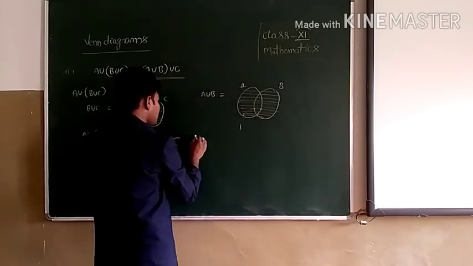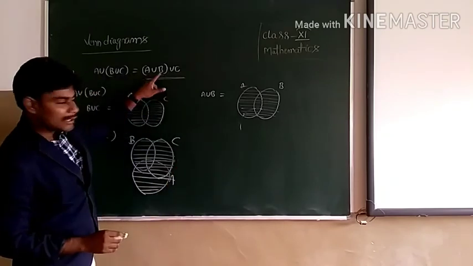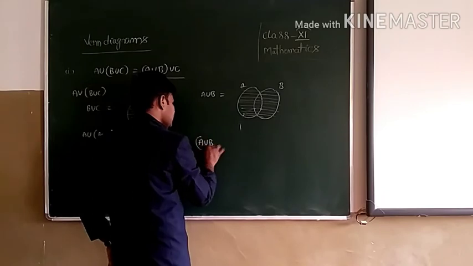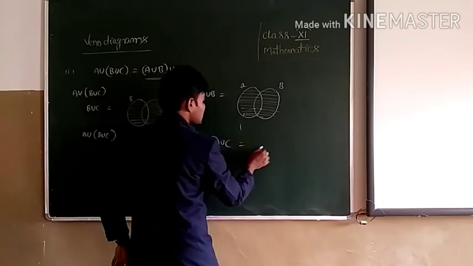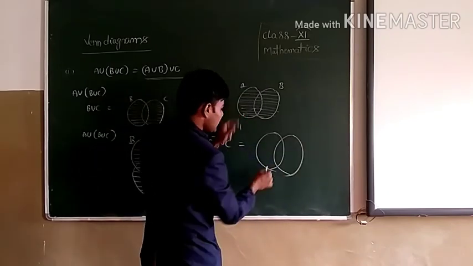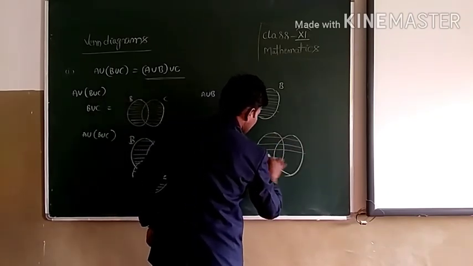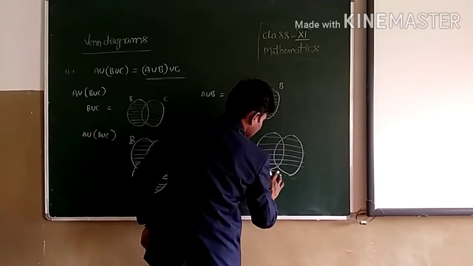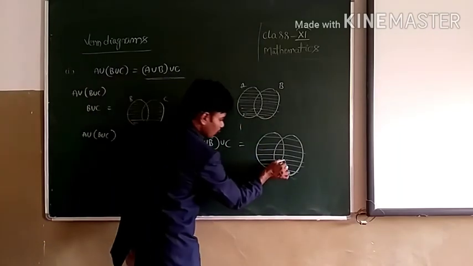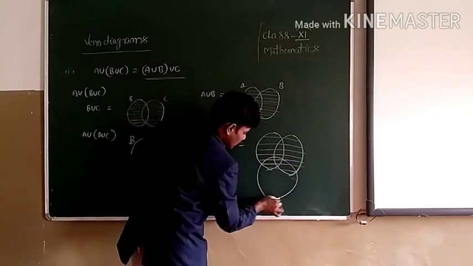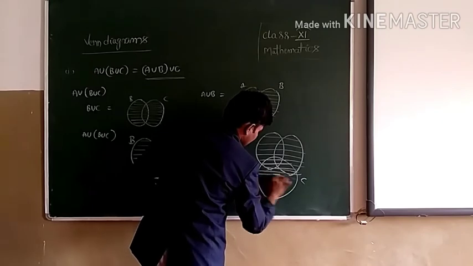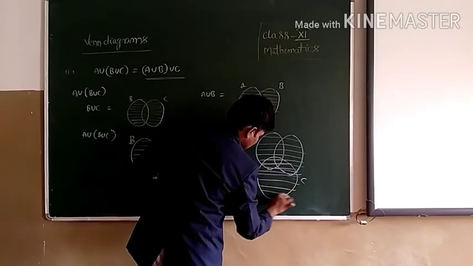Here A union B, again union C, we have. Now (A union B) union C represents what? First part, this is A union B. Next, union of C. This is set C, so set C also needs to be shaded here, right?